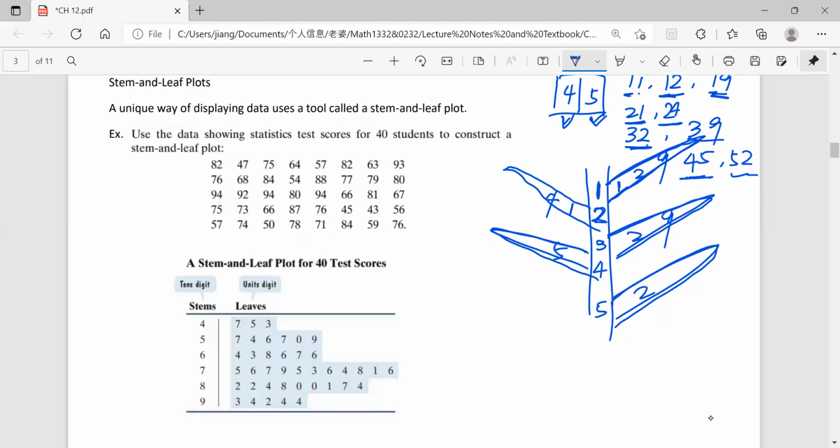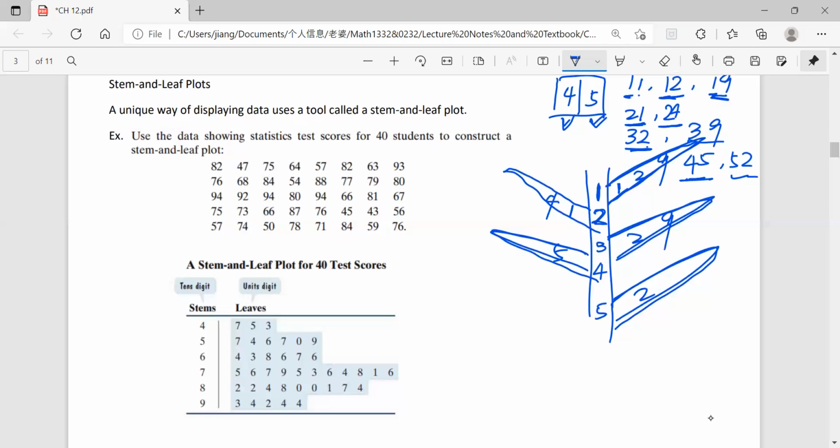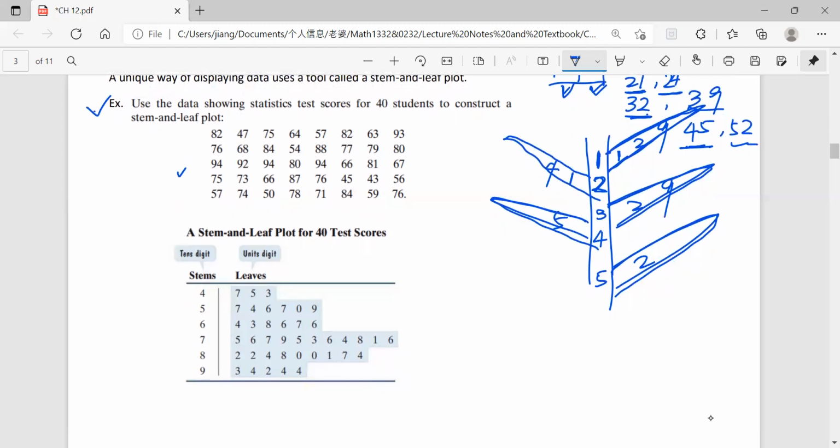So I can also make the graph from the table. So let's see the example here. Use the data showing statistics test scores for 40 students to construct a stem and leaf plot. So I have 40 data here. And then I can use a stem and leaves table.